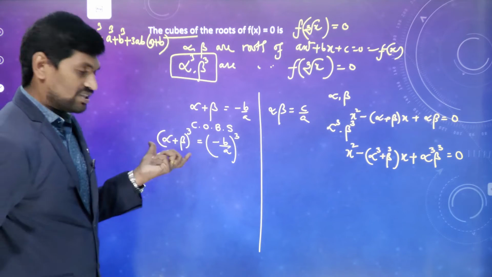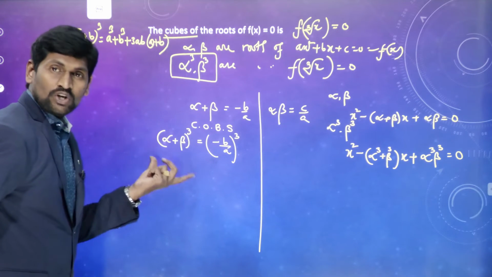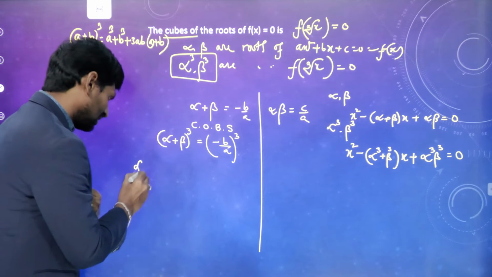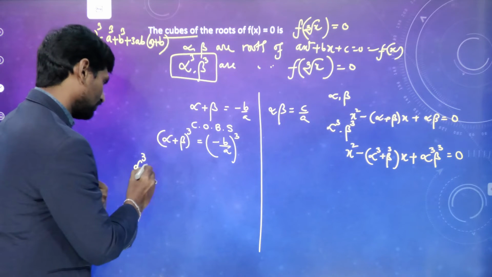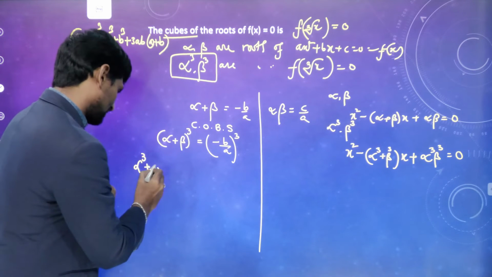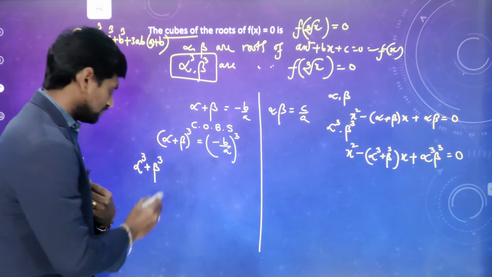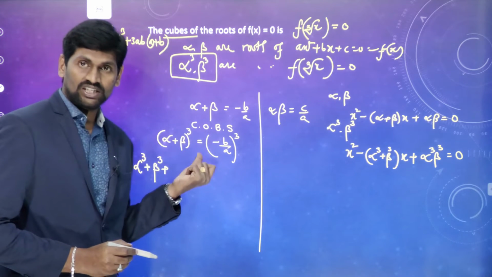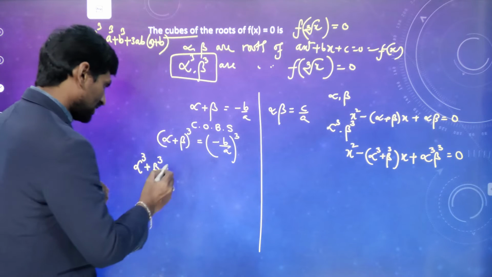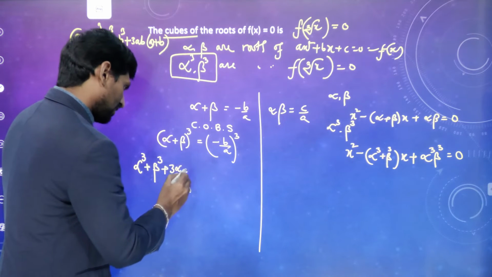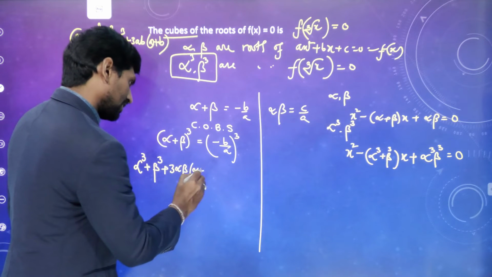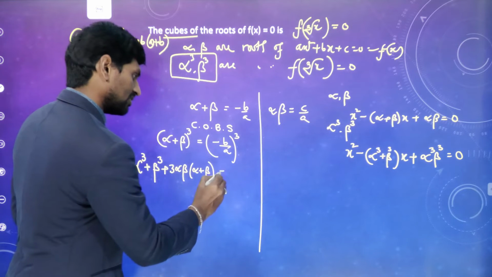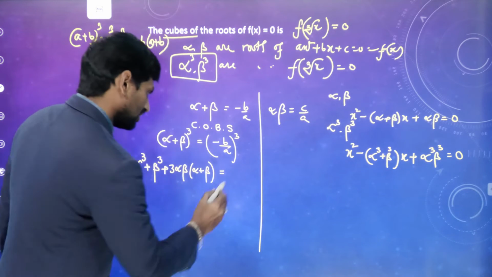Okay? Now the same thing you apply here. Alpha cube plus beta cube, in the place of alpha think of it as a, in the place of beta think of it as b. a cube plus b cube plus 3ab, that is 3 alpha beta into (alpha plus beta), equal to (minus b by a) whole cube.